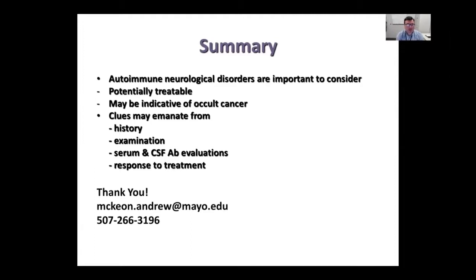As neurologists, we like to consider these disorders and not overlook them because they're potentially treatable and they may be indicative of occult cancer. And clues may emanate from the history and exam, as I mentioned. And for cases where it's suspected, serum and or spinal fluid evaluations may be appropriate for IgG antibodies.